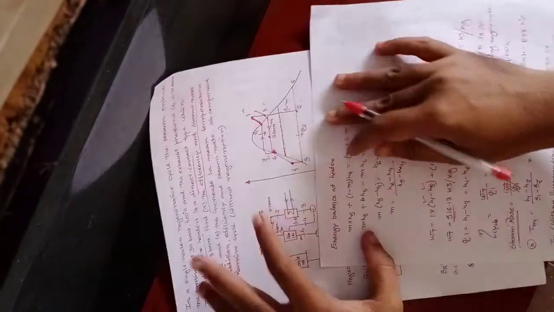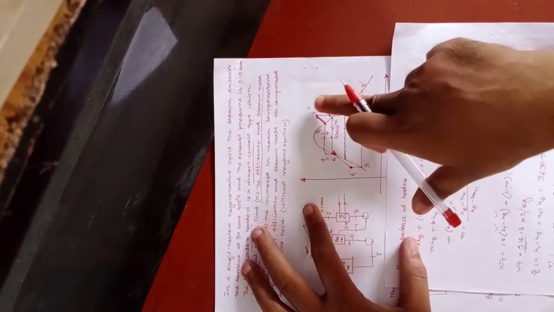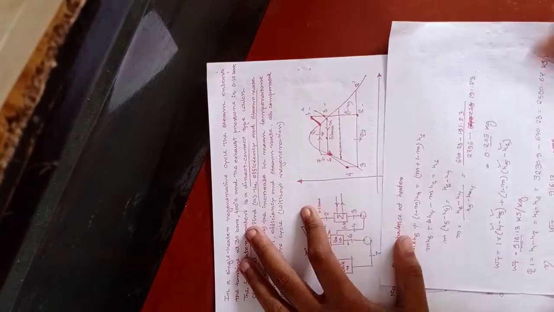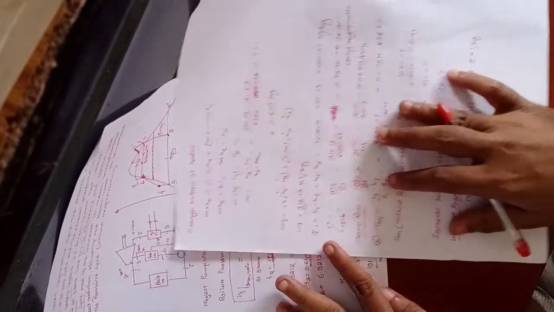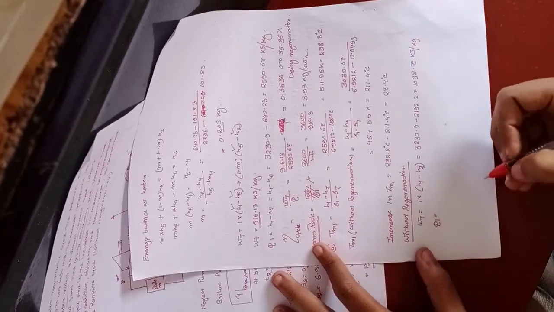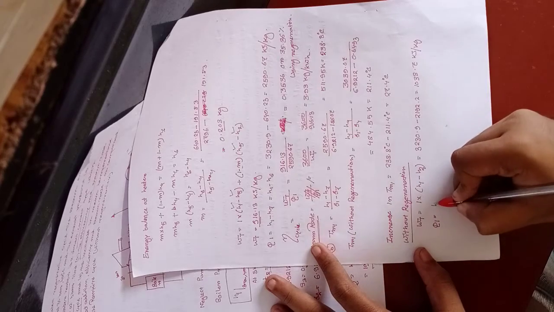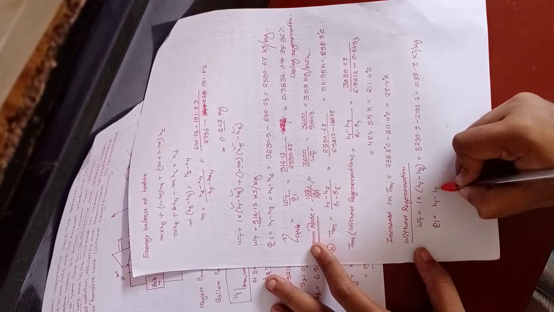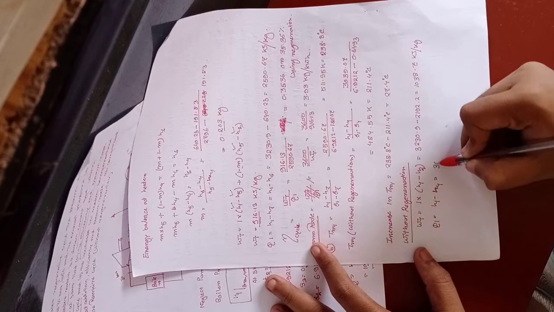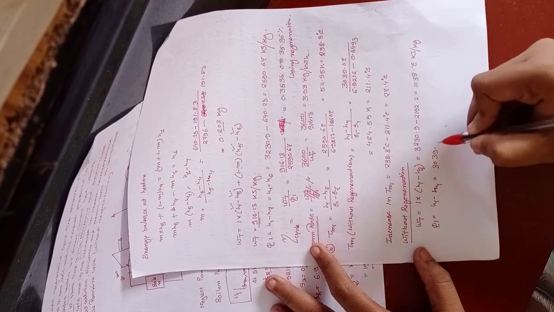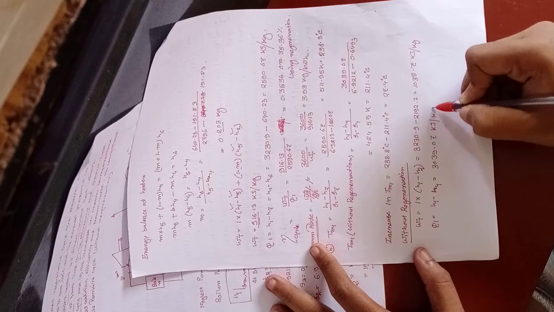Now we'll find out Q1 without regeneration. It will be H1 minus H4, or H1 minus H3. So Q1 is coming as 3039.07 kilojoule per kg.